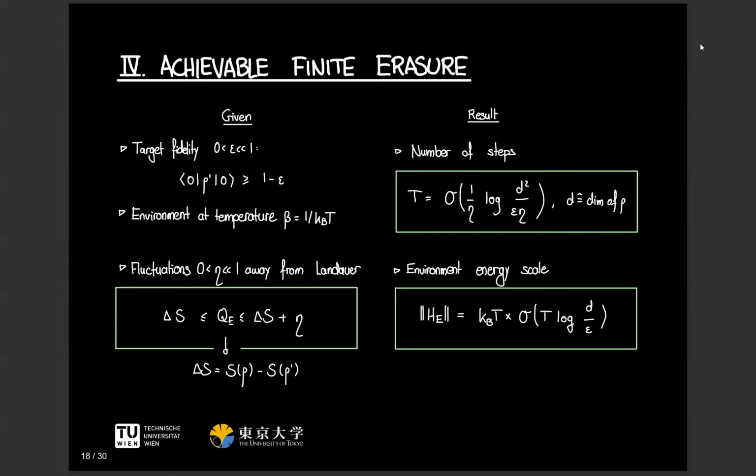These are the swaps that Felix talked about, that is proportional to the constant eta and epsilon. And what is relieving to see here is that all these scalings are polynomial or logarithmic, so we will never have an exponential blow up of this overhead coming from erasure. So we are on the safe side when we want to compare this to the classical energy consumption, which we saw was exponential.